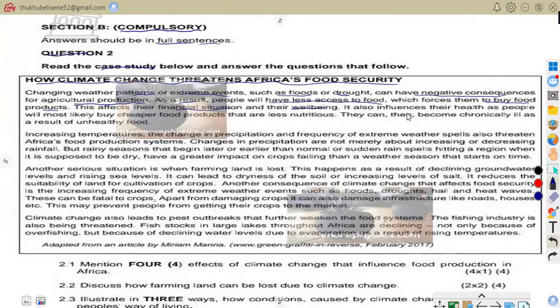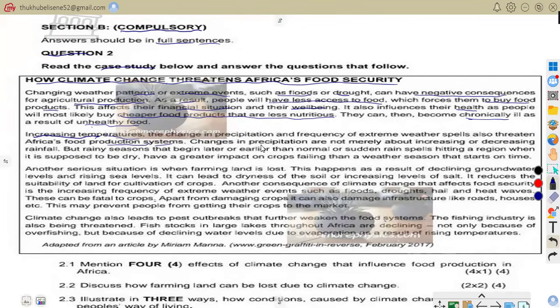It also influences their health, as people will most likely buy cheaper food products that are less nutritious. So they can then become chronically ill as a result of unhealthy food. Increasing temperatures, the change in precipitation and the frequency of extreme weather spells also threaten Africa's food production systems.